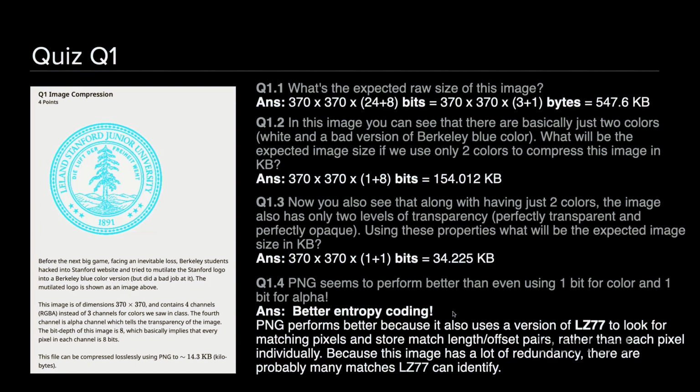Recall, JPEG was just doing basic run length encoding plus Huffman encoding, but we know that you can do better. And in this case, it's a really uniform image. So PNG, which uses an LZ77 based lossless entropy coder, can perform very well because it gets a lot of matches. If you look back to your homework 3 Pokemon question, that's really the intuition. It's the same intuition at play here. Okay. Any questions?